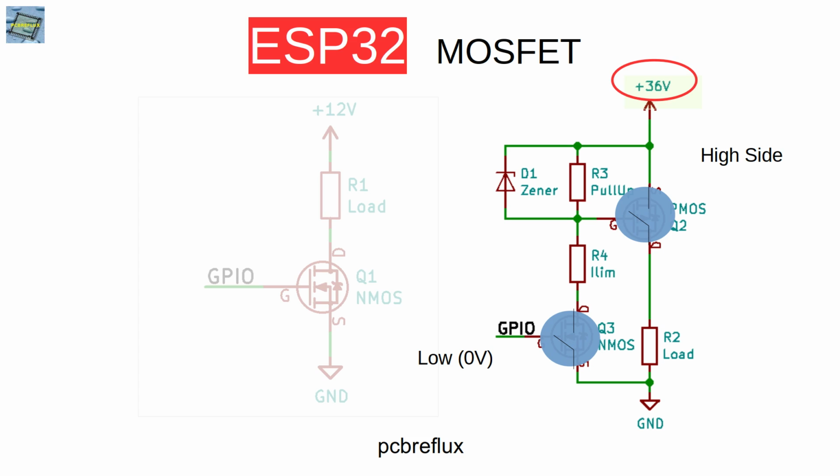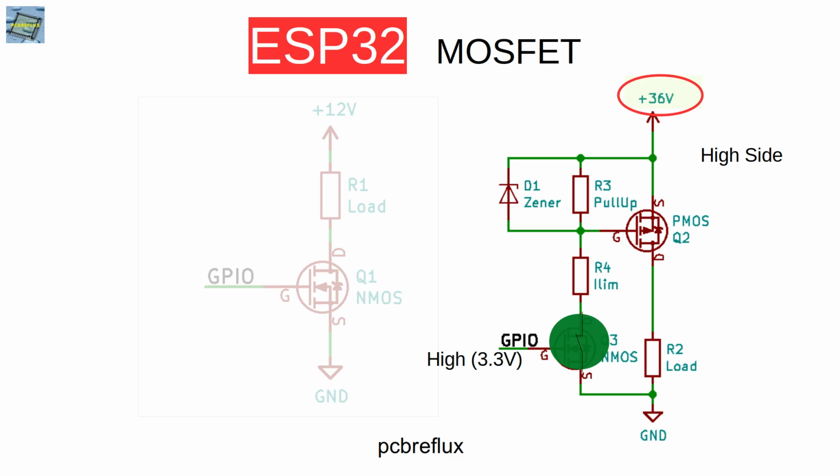also our P-channel MOSFET is off. And if we now switch the GPIO pin to high or 3.3 volt, the N-channel MOSFET is switched on, the current can flow between the gate and ground, and our P-channel MOSFET is also switched on. And if we now calculate the gate source voltage, the gate source voltage is limited by the Zener diode.